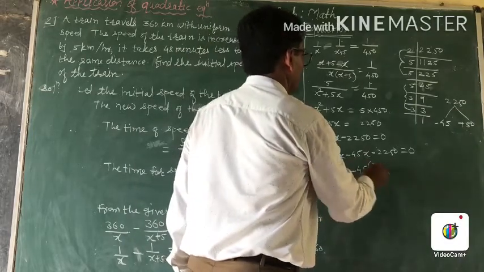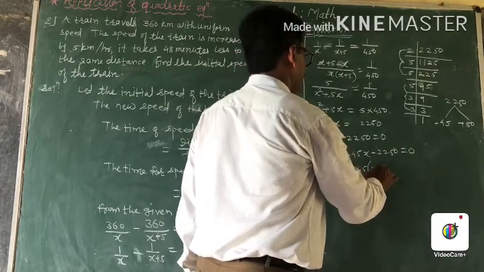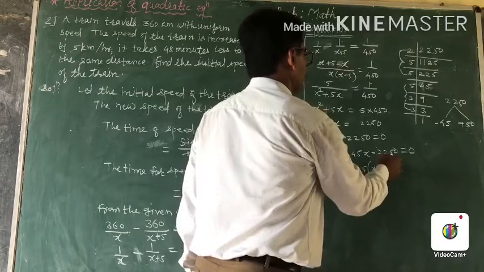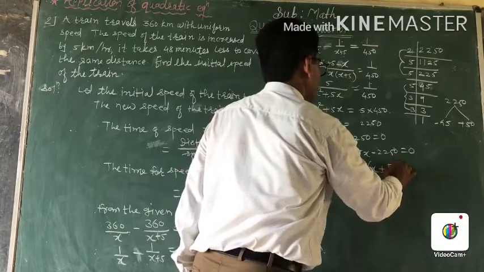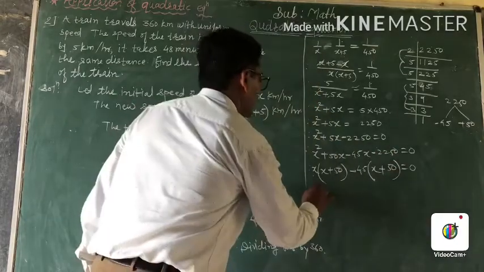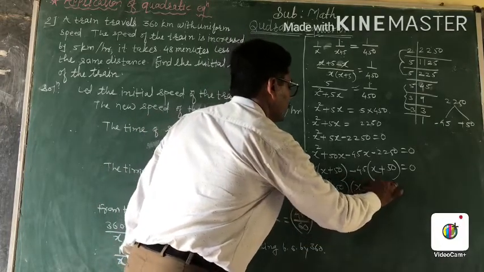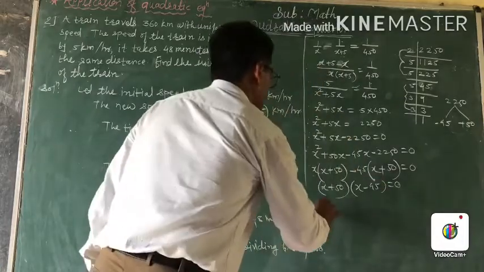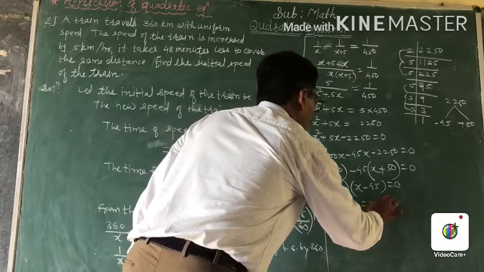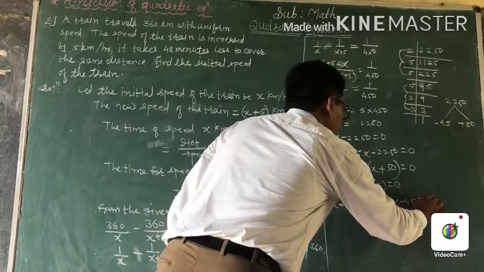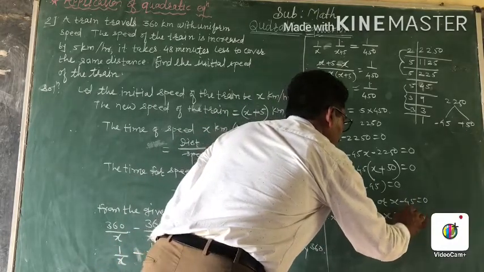Minus 45. Therefore, x plus 50 is the first factor and x minus 45 is the second factor. Here x plus 50 is equal to 0 or x minus 45 is equal to 0. Therefore x is equal to minus 50 or x is equal to plus 45.